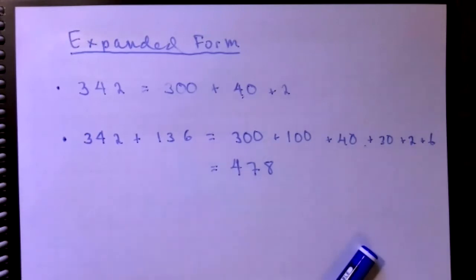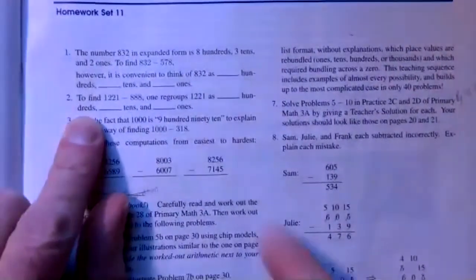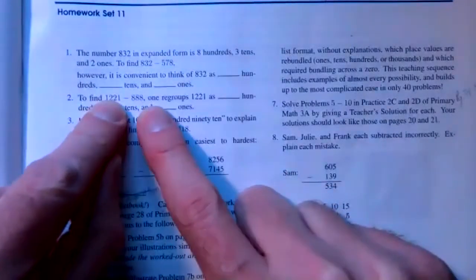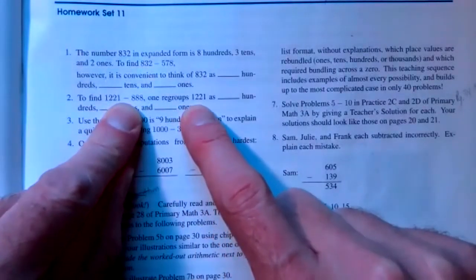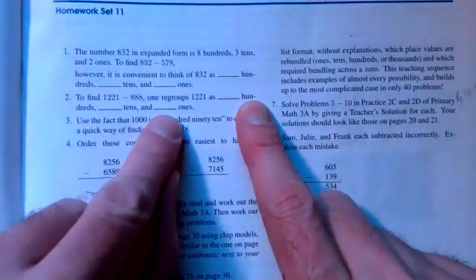I'm on page 65. And I'm looking at, let's say, number 2. If you don't have your book with you, I'll just display it here using my document camera, right? Number 2. Okay, so it says to find this, you regroup 1,221 as blank hundreds, blank tens, and blank ones.